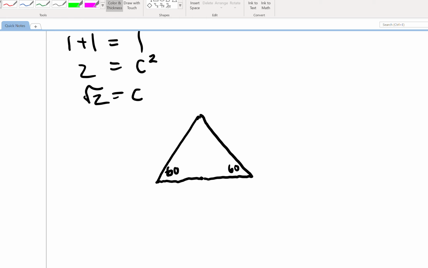Y eso lo voy a mostrar con lo que se llama una altitud, que es a un ángulo recto al lado opuesto. Y esto entonces sería dividido el 60 entre 2, de 30. 30, 30, 60. Pero yo puedo cancelar la mitad de eso.